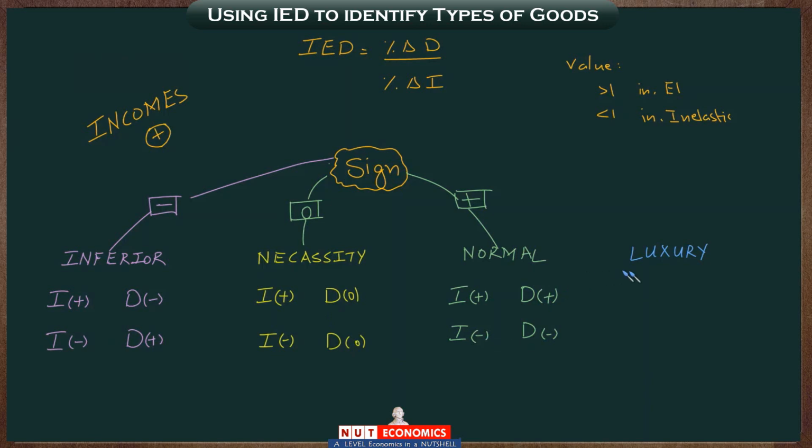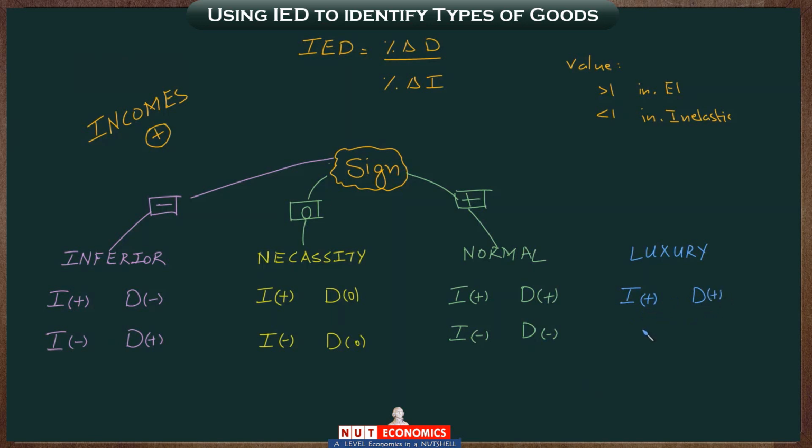Now, luxury goods, things like cars, things like eating out in restaurants, things like going on foreign vacations. If you think about how the demand for luxury products changes when the incomes of the consumers change, let's assume incomes of the consumers increase. How would the demand for these luxury products respond? First of all, it's easy to see that demand would most likely increase.